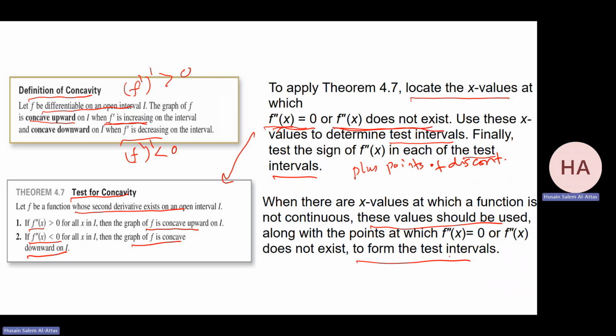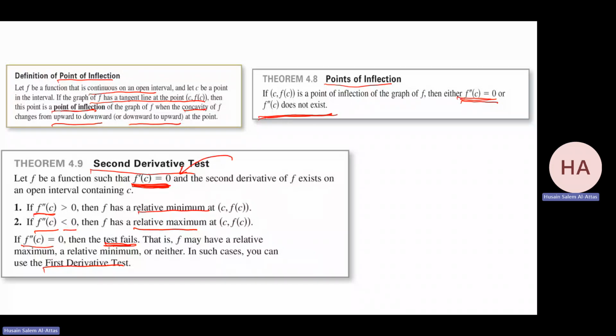For the point of inflection, I start with where f double prime equals 0 or does not exist, and then check the other conditions: the function is continuous and there is a change of concavity, up to down or down to up. And there is the second derivative test, only if f prime at c equals 0. Then I check f double prime: positive, relative minimum; negative, relative maximum; 0, the test fails.